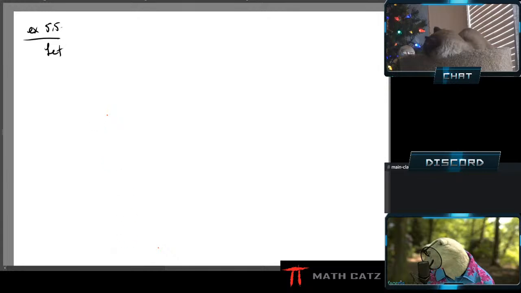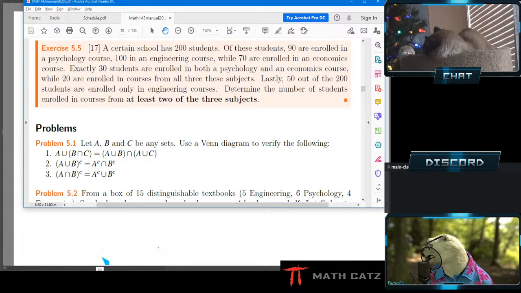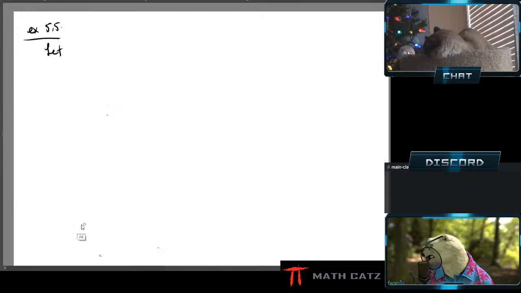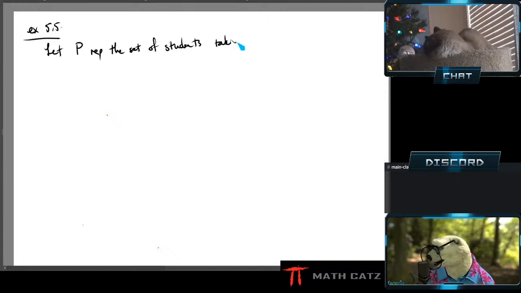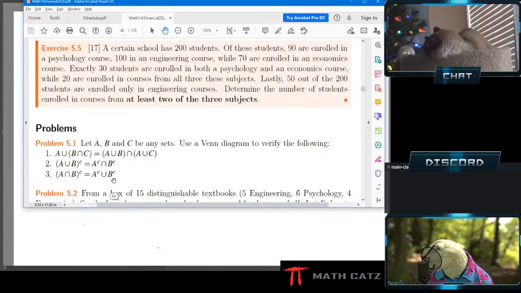Let P for psychology. Lower my computer. Let P represent the set, I'm not taking a shortcut here, set of students taking psychology. Now, I don't want to say engineering because E is in economics as well.